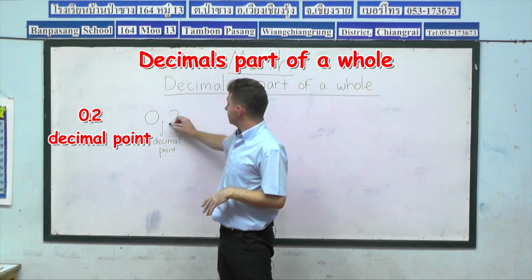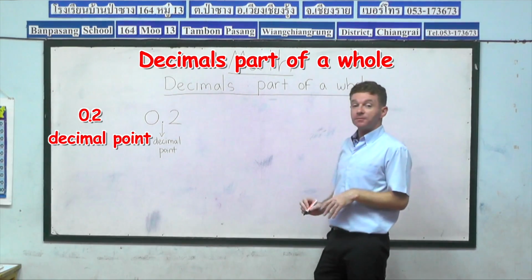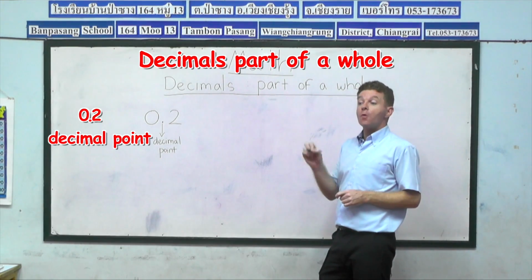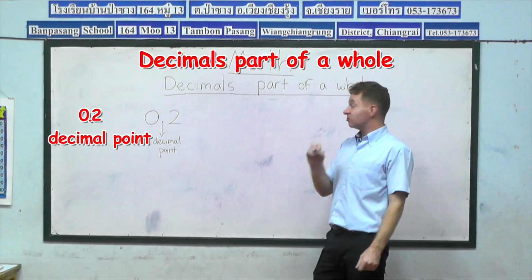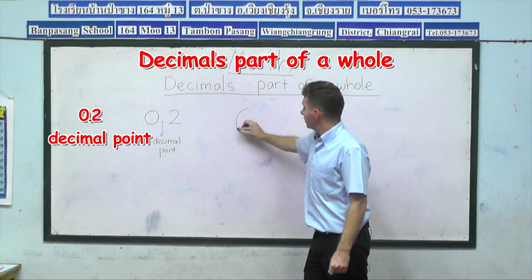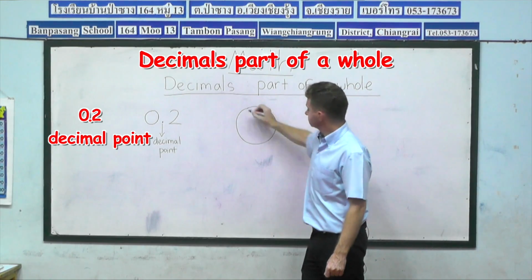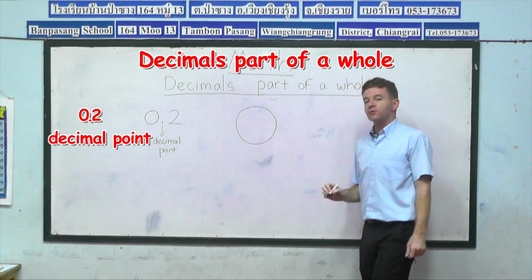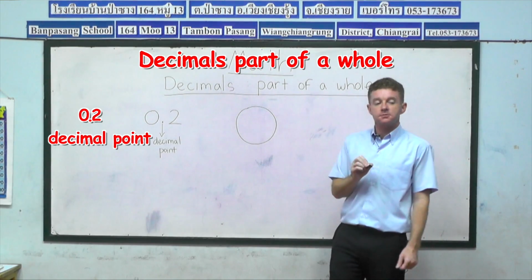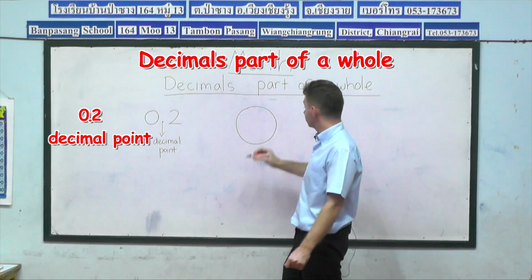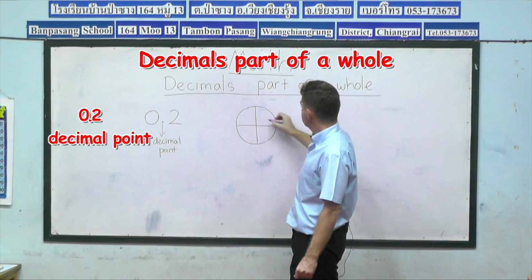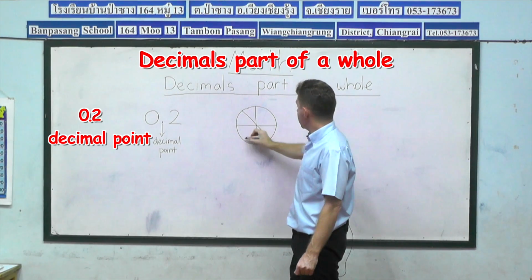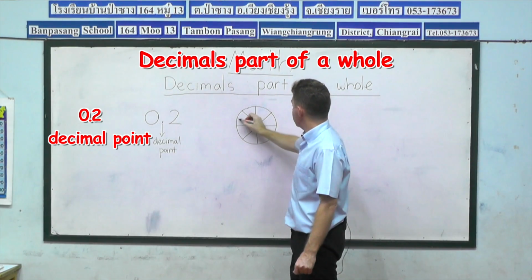So for example, here we have the decimal 0.2. Now how do we represent this in a shape? For example, we can draw a circle. Now how many parts do we need in our shapes with decimals? 10, correct, well done. So we'll always need 10 parts. 2, 4, 6, 8, 10.